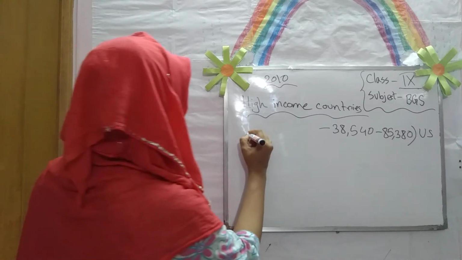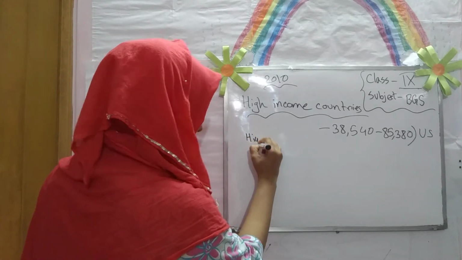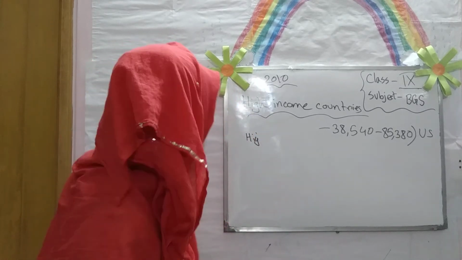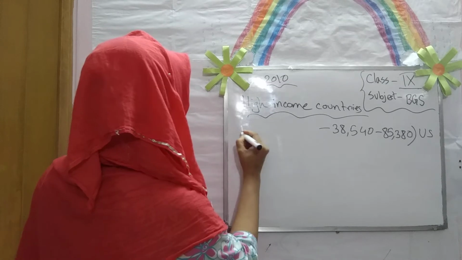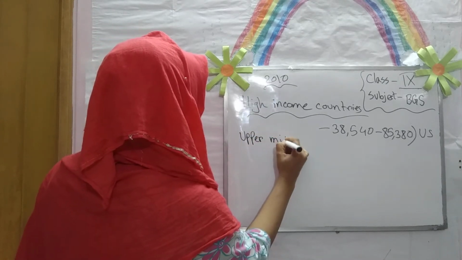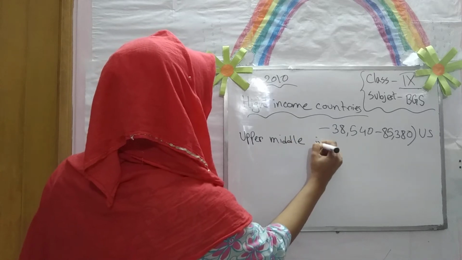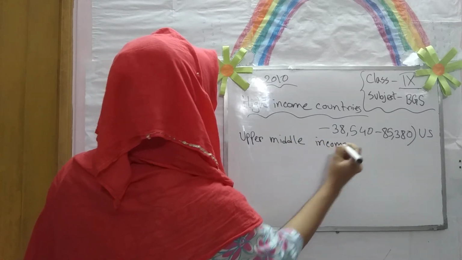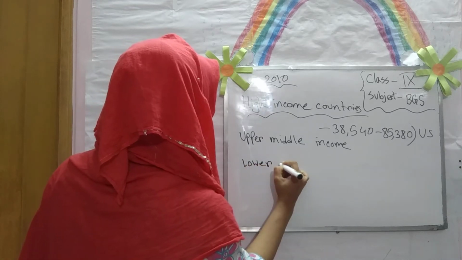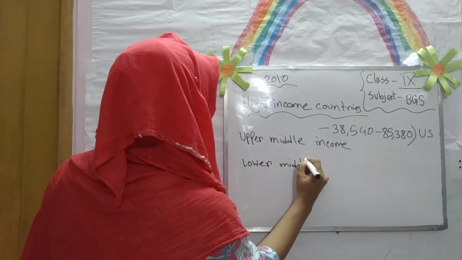The first one is upper middle income, and another is lower middle income.